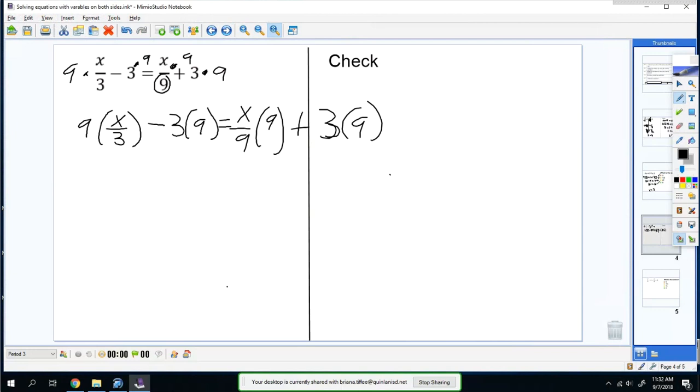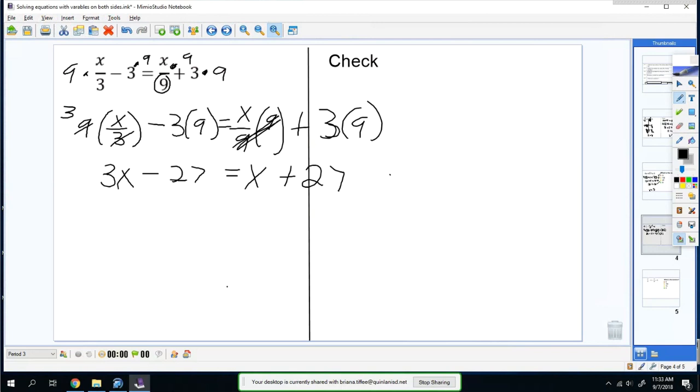So I'm going to do it one by one. 9 times x divided by 3 will equal 3x, because a 3 divides into 9, makes that 3. 3 times 9 is 27. X divided by 9 times 9 just comes out to x. And then 3 times 9 is again just 27.